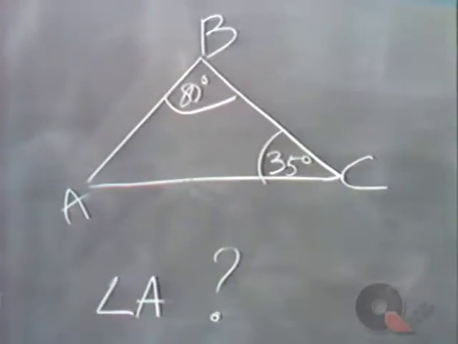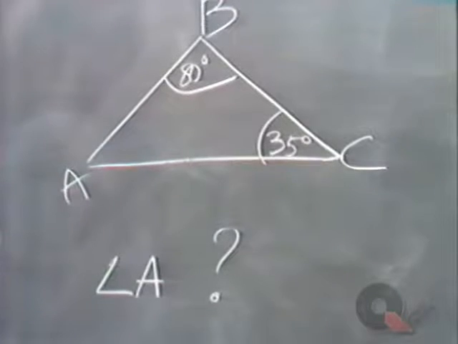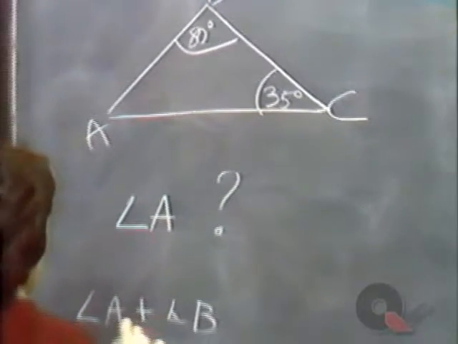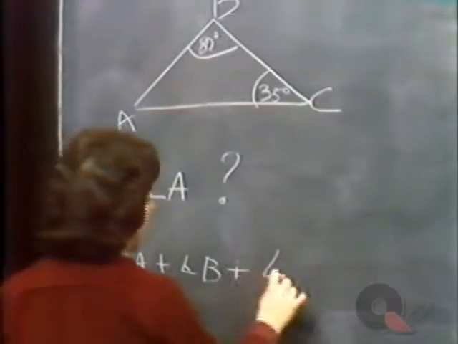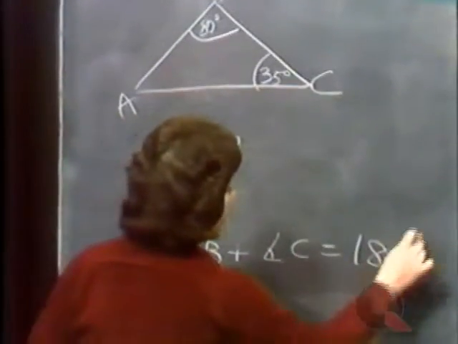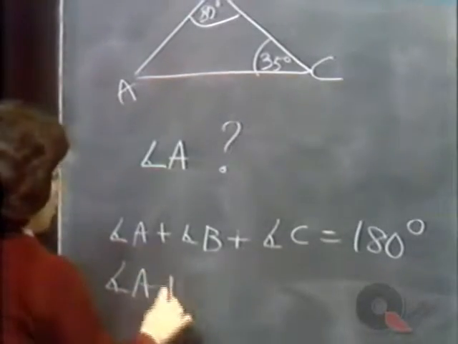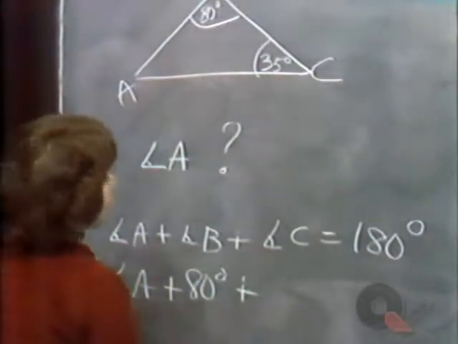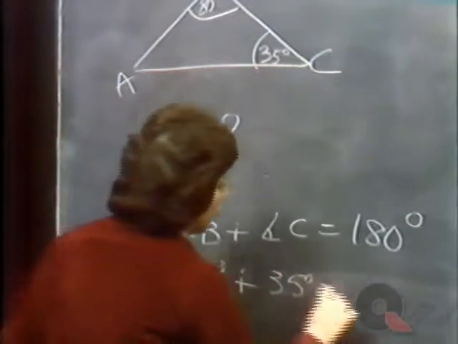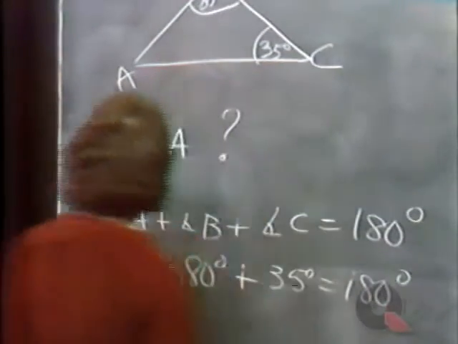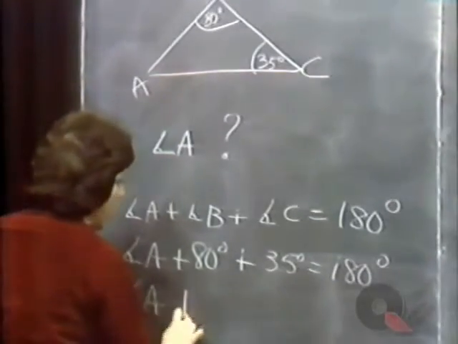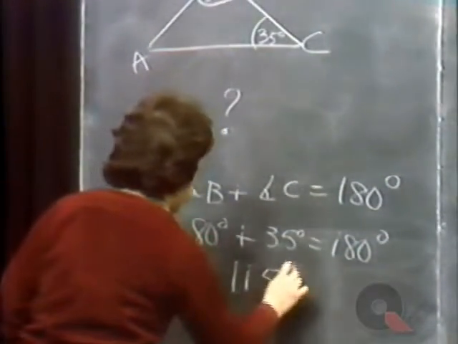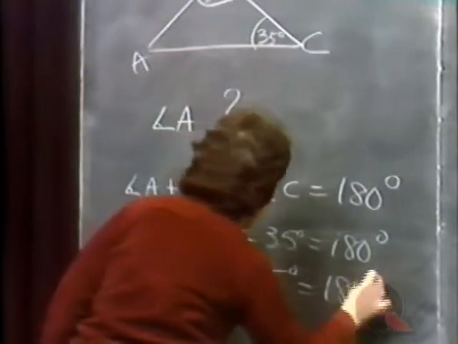And here we make use of the fact that the sum of the angles of a triangle has to be 180. So angle A plus angle B plus angle C is 180 degrees. Angle A plus 80 degrees plus angle C, which is 35 degrees, must be 180 degrees. This gives us angle A plus 115 degrees is equal to 180 degrees.